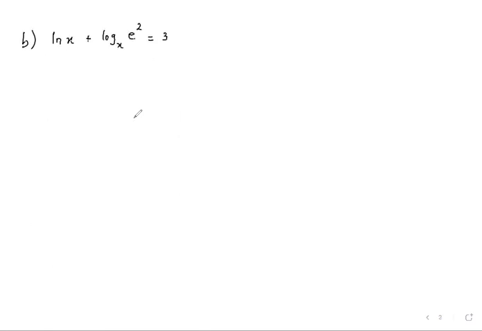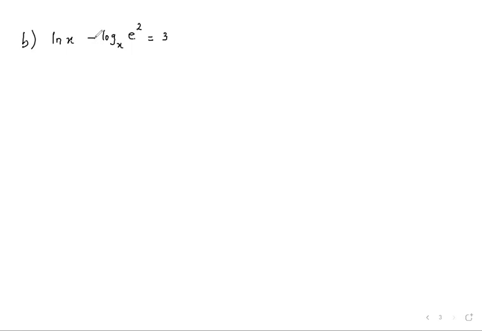So I have another question here. ln x plus log x, plus log e squared base x is equal to 3. So same story. Let me make this one negative.